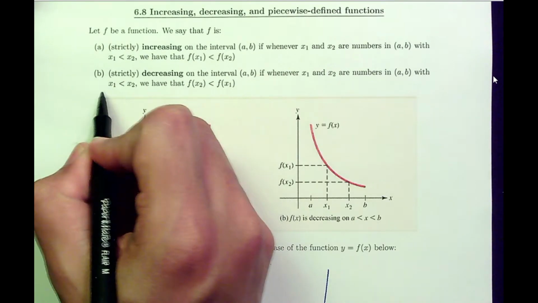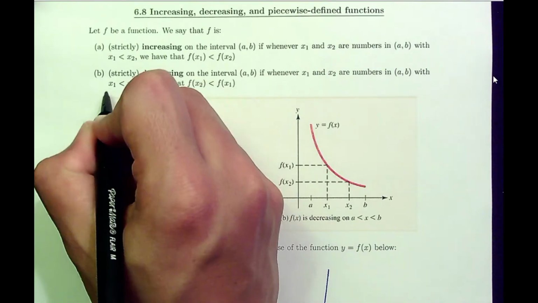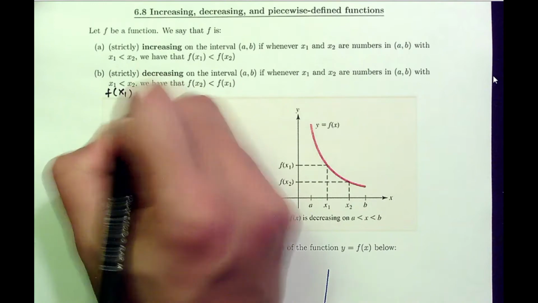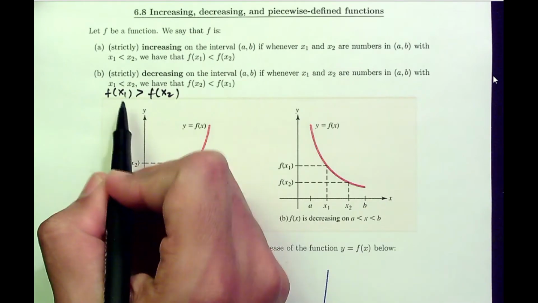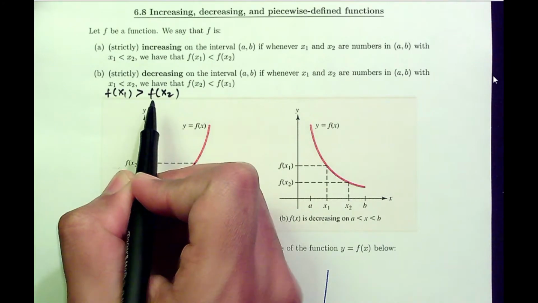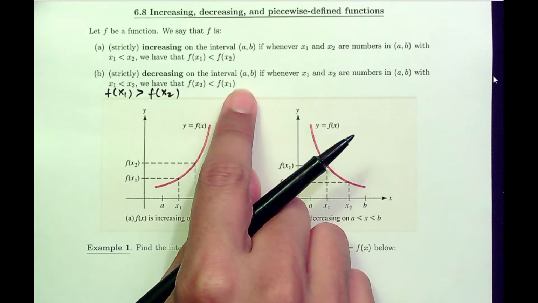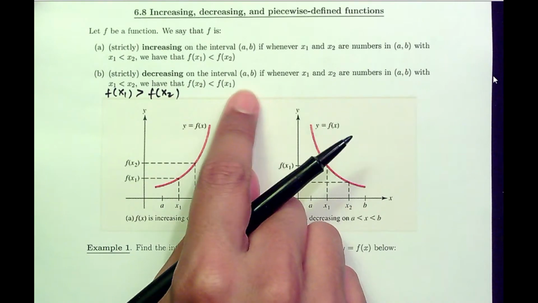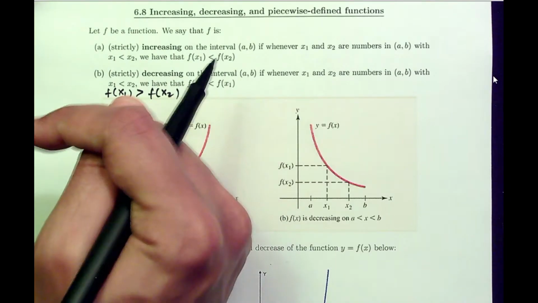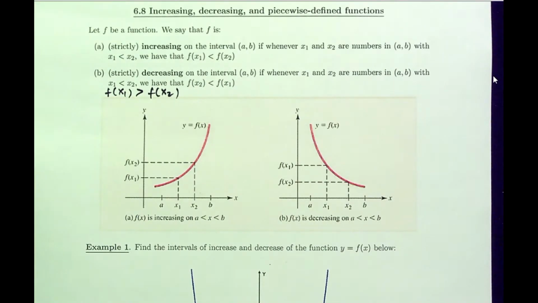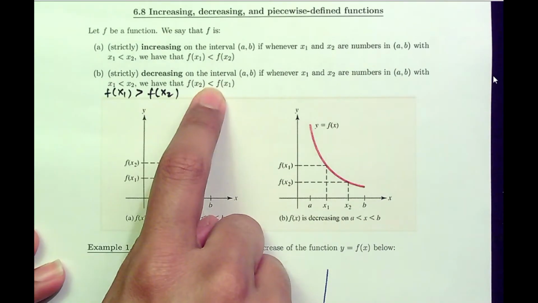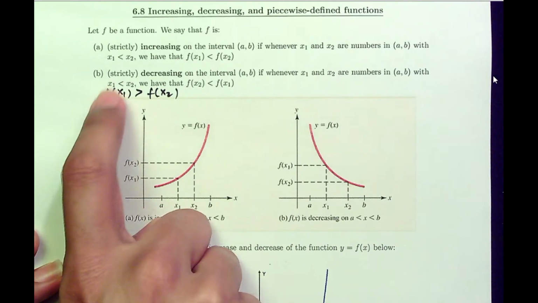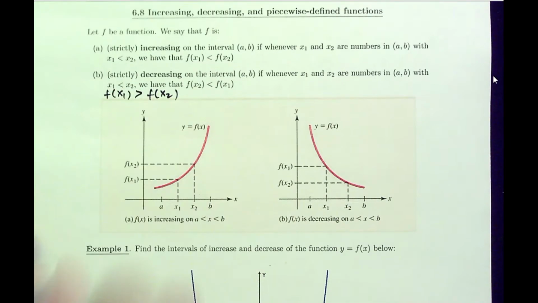So you apply f on both sides and you get f of x1 is bigger than f of x2. You can also write it with the inequality sign pointing towards the left, f of x1 is bigger. But if you don't put it in this order, when you apply f on both sides, if the function is decreasing, the inequality is reversed.